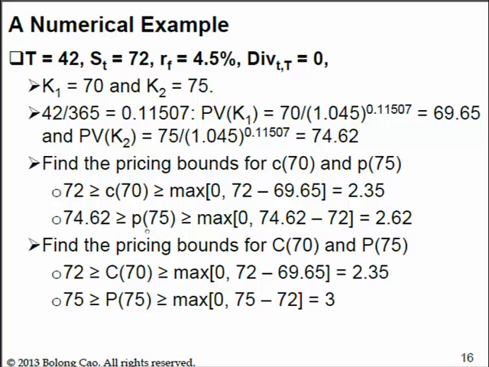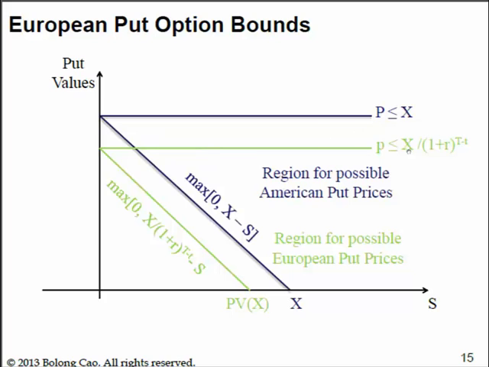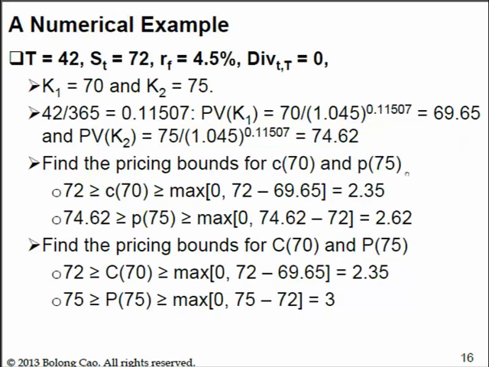Now, how about the European put with a strike of $75? We remember that for the European put, the upper bound is the discounted strike price, which we have calculated, 74.62. The lower bound is the maximum between 0 and the discounted strike minus the spot.